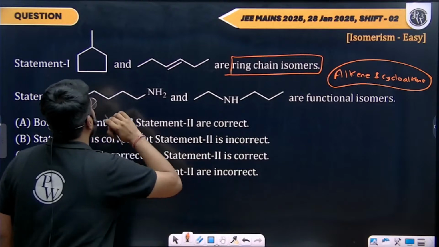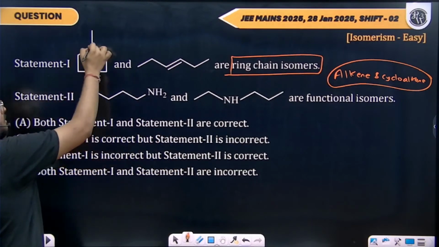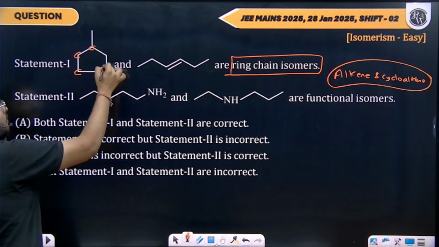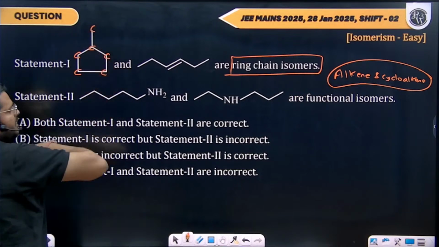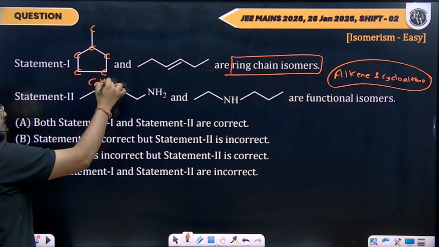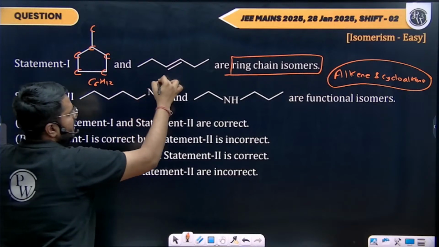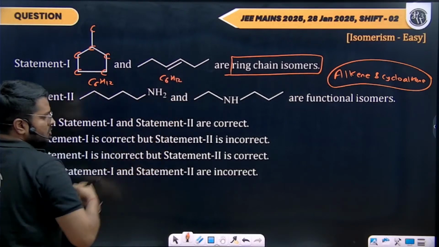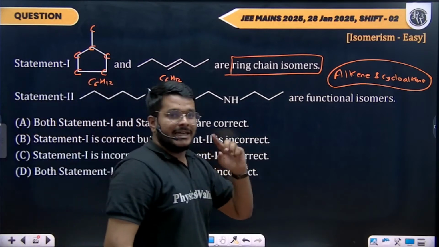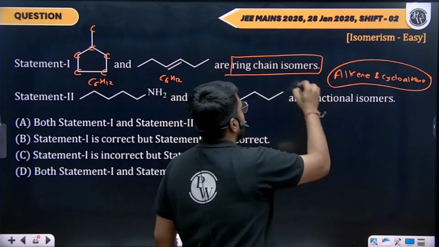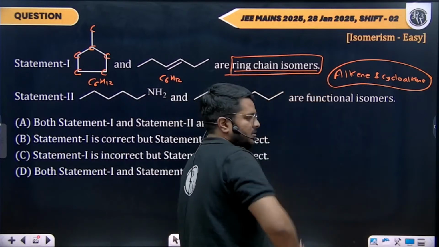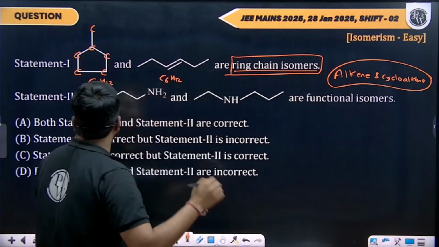If we count the number of carbons, here there are 5 carbons, in that case 6 carbons, and C6H12 obviously. Also in that case C6H12. So the molecular formula is the same and cyclic structures are given, therefore the compounds are ring chain isomers.